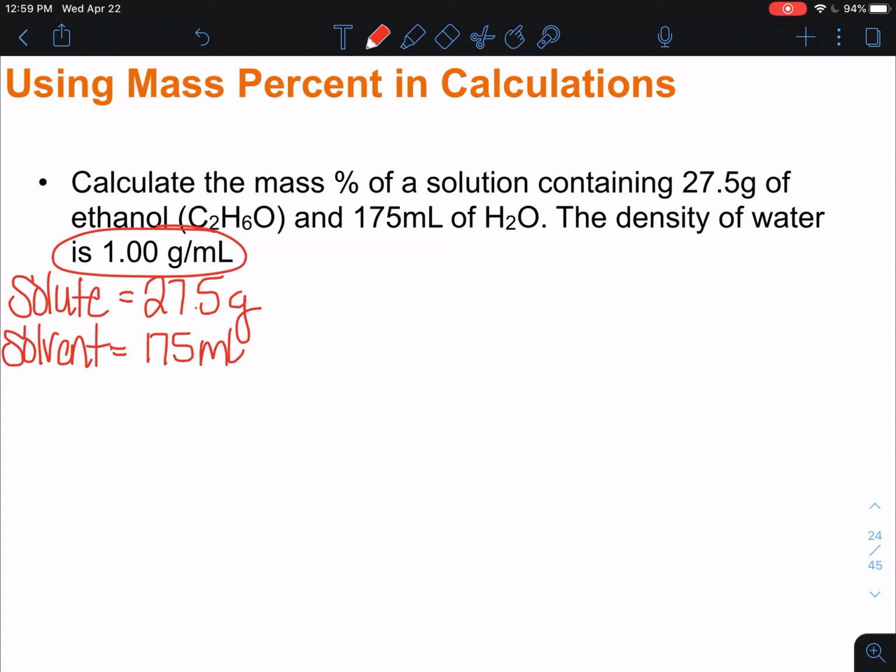So we can convert from milliliters of solvent to grams of solvent. So, again, 175. Now, it's a 1-to-1, but I'll just take you through it. So, for every 1 milliliter of water, we get out 1 gram of water. So, that's the density, right?